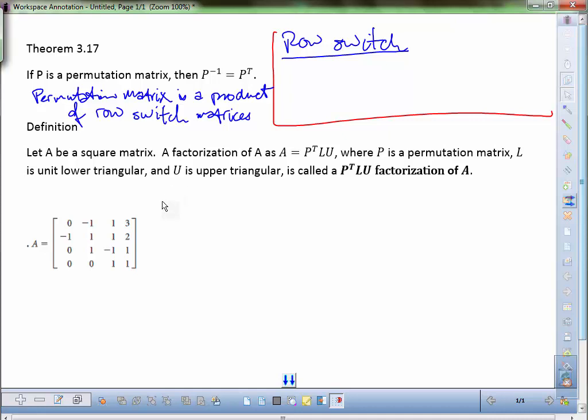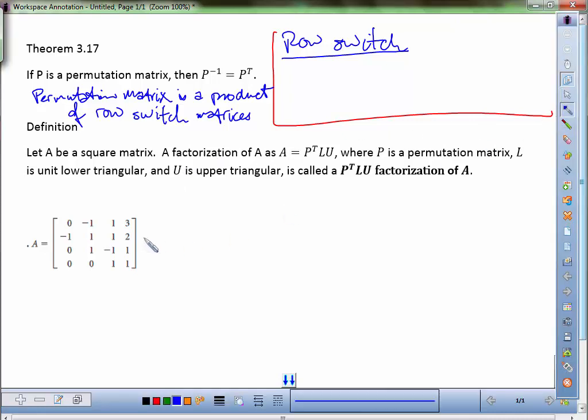All right. Here's my matrix. I have a 0 in the upper left-hand corner, and so I can't move from here until I do a row swap. So let's do a row swap. Let's switch row 1 and row 2. And I want to keep in mind what that elementary matrix operation is for later on.